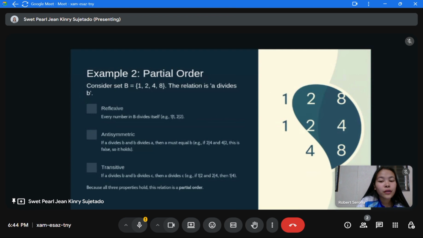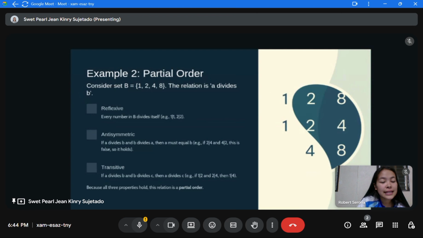So, reflexive, yes, because every number divides itself. For example, 1 divides 1 and 2 divides 2. Antisymmetric, yes, because if 2 divides 4 and 4 divides 2, that would mean 2 is equal to 4, but that cannot happen, so antisymmetry holds.